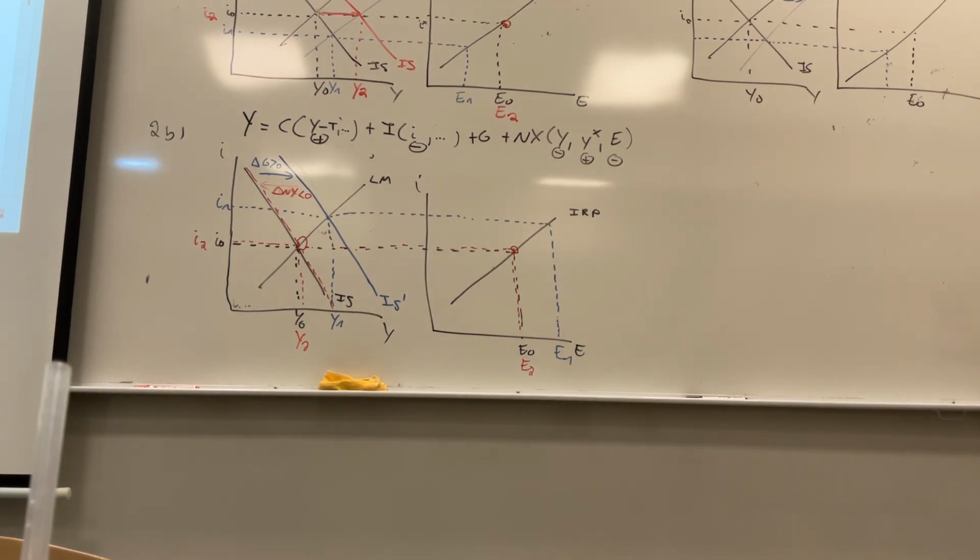This means a depreciation, which means there are fewer dollars per dong. That's the way we want to define the exchange rate. Fewer dollars per dong when the exchange rate goes down, we have a depreciation. The central bank can't allow that to happen. We have a fixed exchange rate.